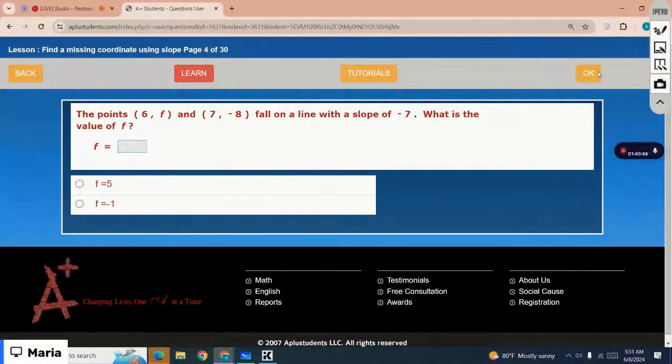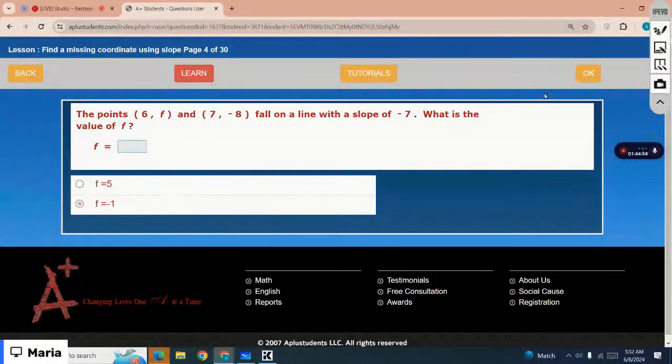Which is the correct option? That is f equals 1.